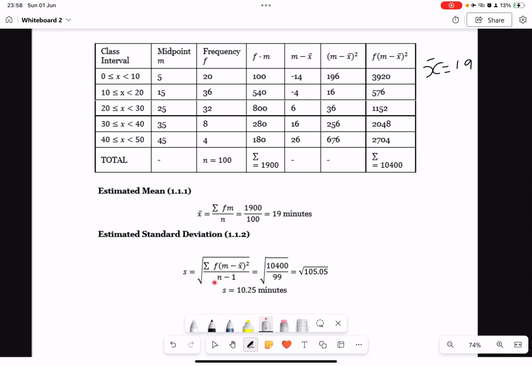So the total frequency was 100. When we minus 1, we get 99. And then the total product between frequency and deviation squared is 10,400. And then that should give us a standard deviation that is approximately 10.25 minutes. Thank you very much, ladies and gentlemen.